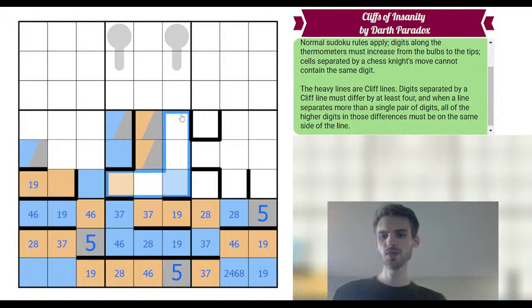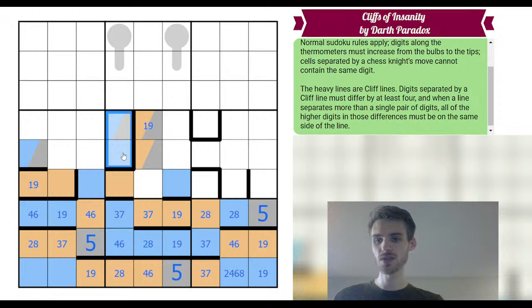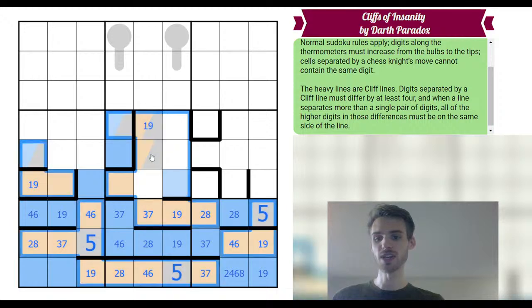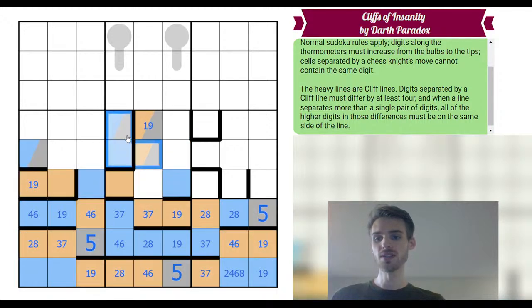This 1, 9 in these two cells sees quite a bit of this box. Actually, it's placed right here because these two cannot be the same parity, and all these cells are ruled out. This one by knight's move, and these two by parity. 5 in row 6 is restricted.